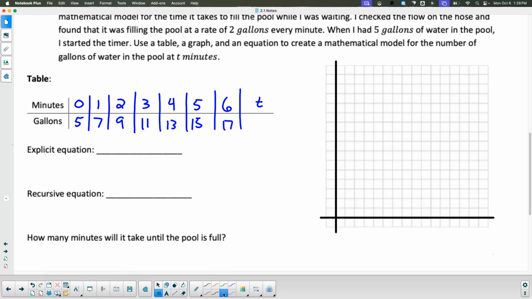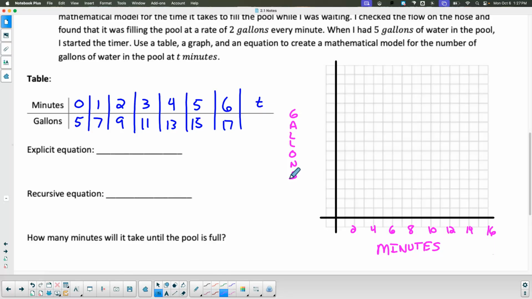On the bottom, what's our input label? Minutes. Input label is minutes. That's what's changing. 2, 4, 6, 8, 10, 14. And then what's my output? Gallons. What do you want to go by? Ones? Twos? Choose.